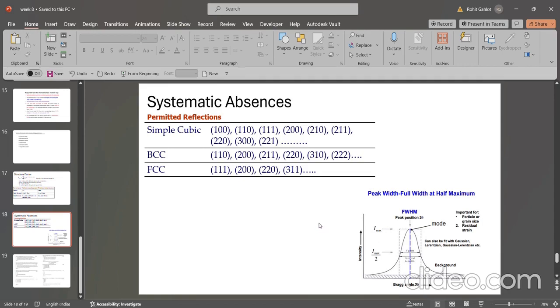So there are other factors also, like the multiplicity factor. This depicts that the relative position of the hkl planes contributing to the same reflection enters the intensity. Like for 110, all the planes like 111, 11-1, 1-1-1 and 1-11, and for 100, 100 and 010.